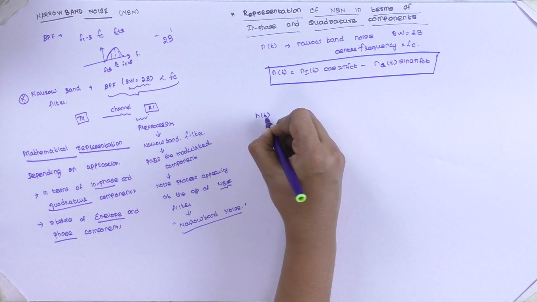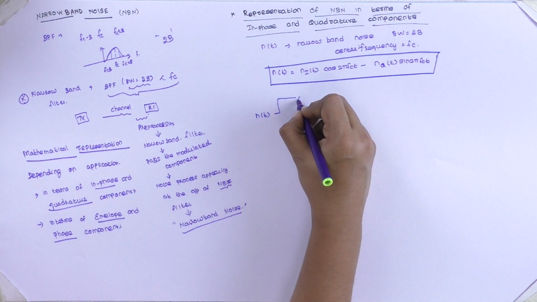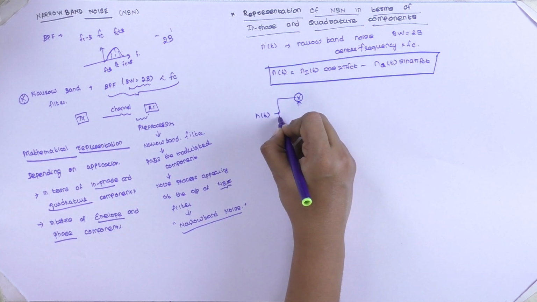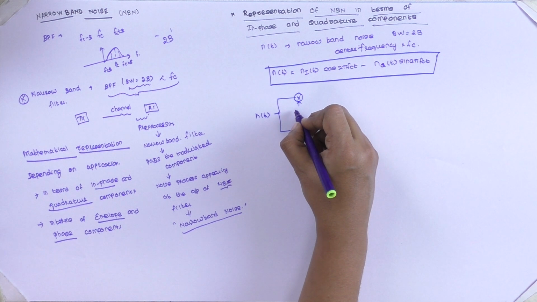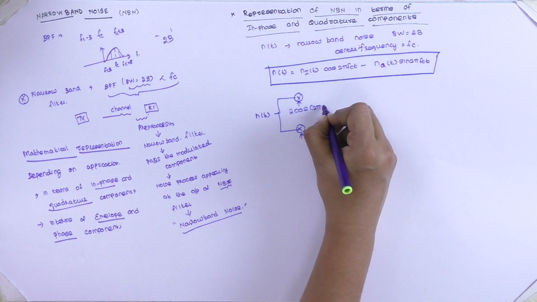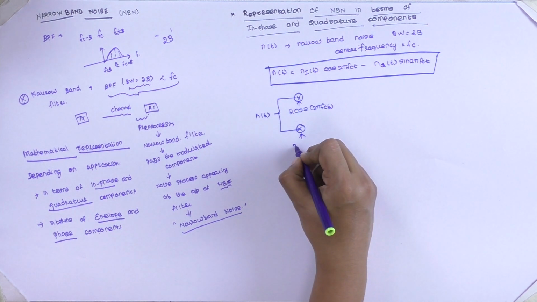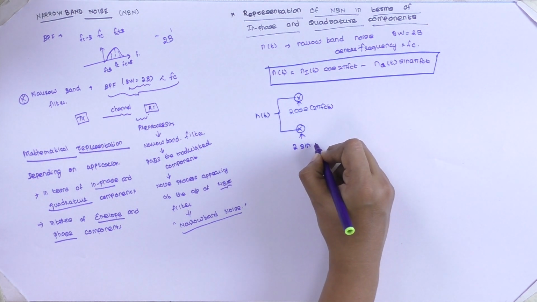Assume this is our N of t. One of the inputs for the multiplier is the cosine function, and here it is the sine component.